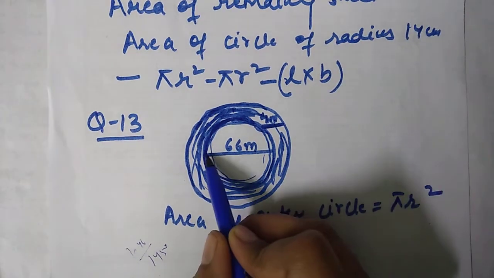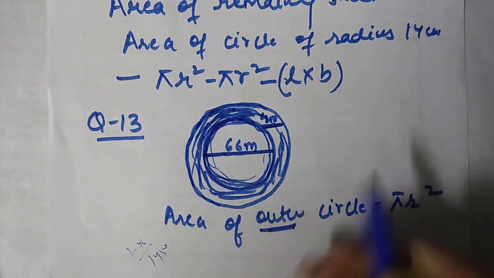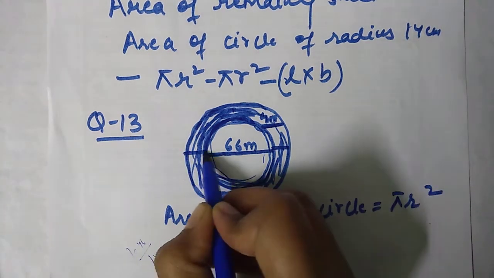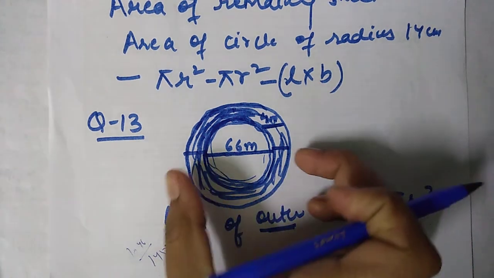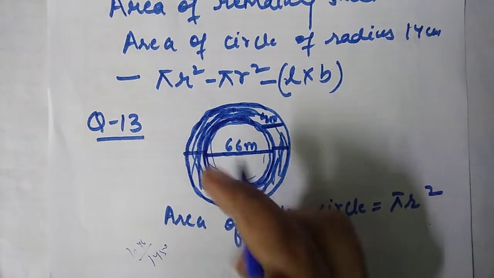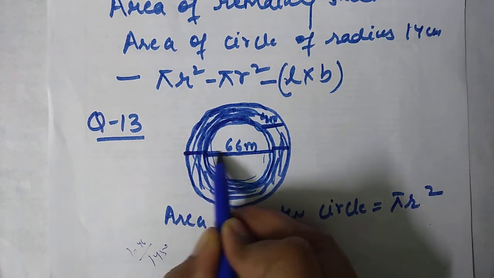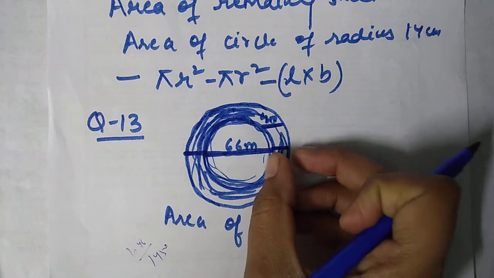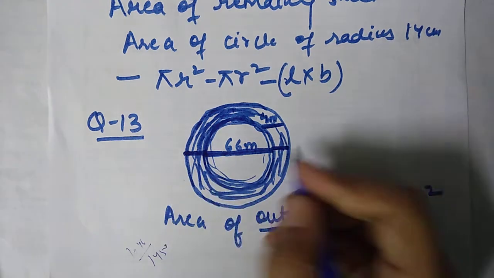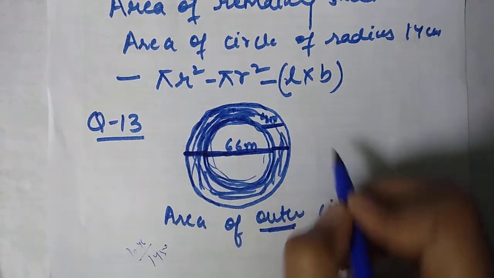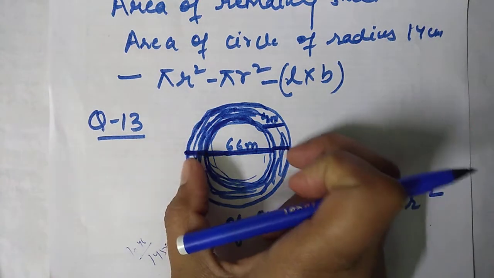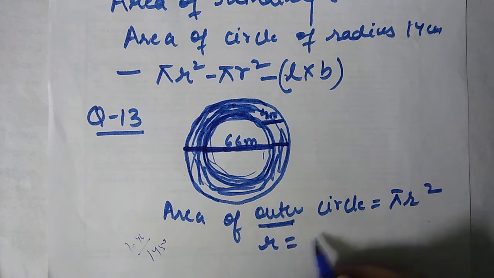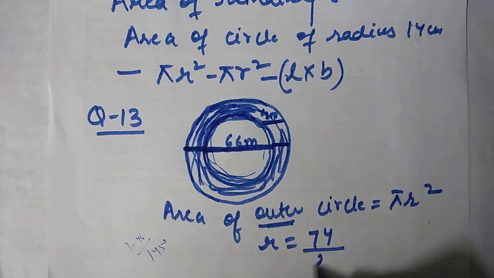Just listen, this is 66, this is 4 given in the question, this is also 4. So the diameter of the outer circle is 66 plus 4, 70. 70 plus 4, 74. It means the diameter of the outer circle is 74, so the radius will be 74 by 2.